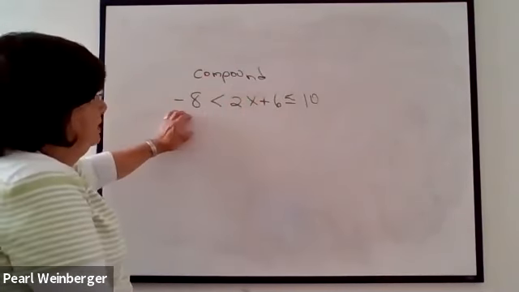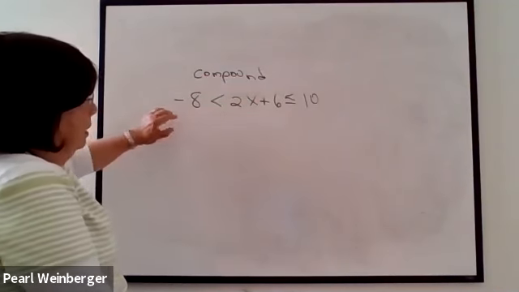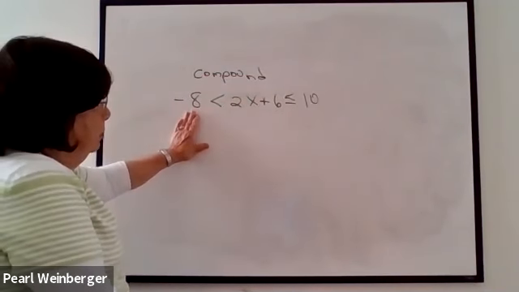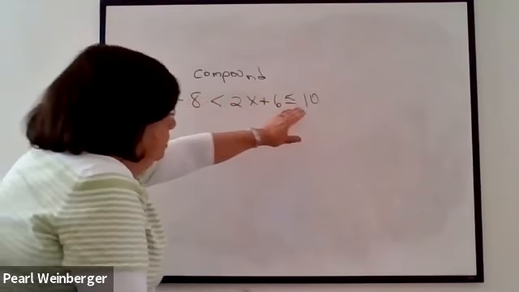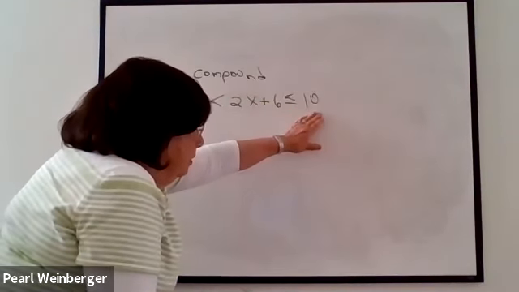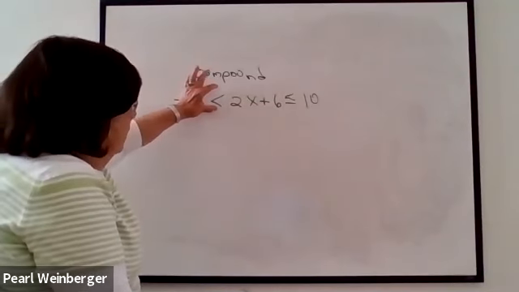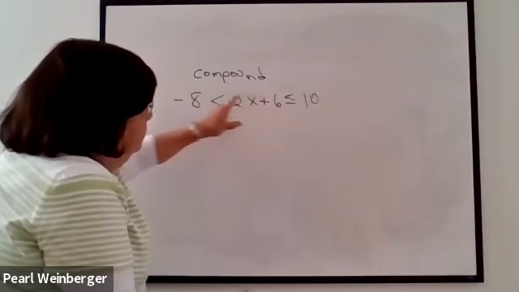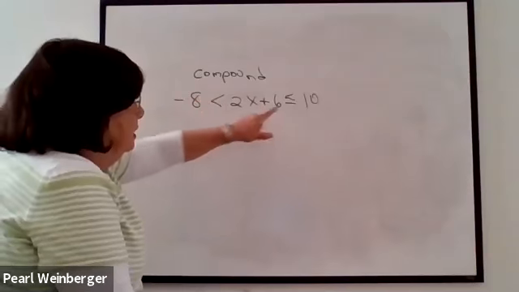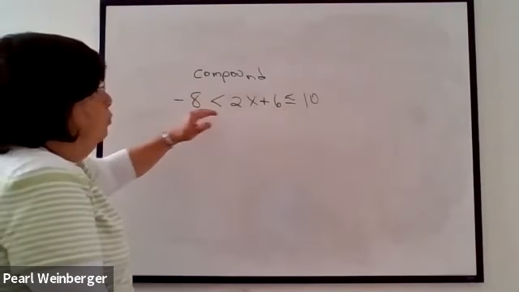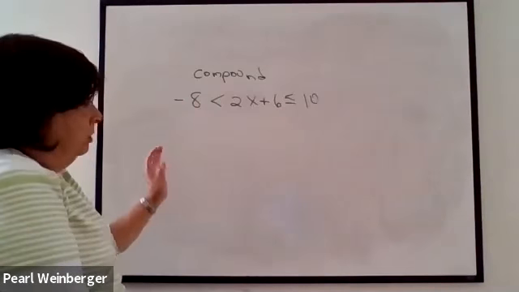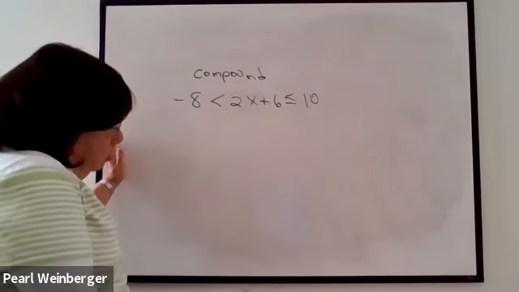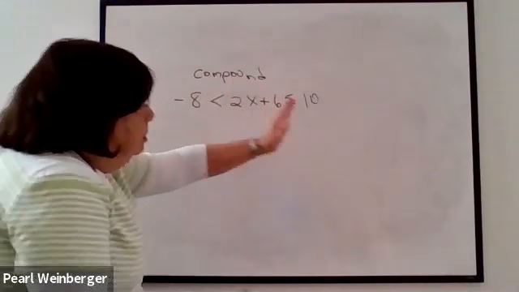With these double inequalities, the number on the left side is always the smaller number and the number on the right side has to be the larger number. The inequalities always have to be less than signs, because we want this set up the way our number line is set up, where the smaller numbers are on the left and the larger numbers are on the right.